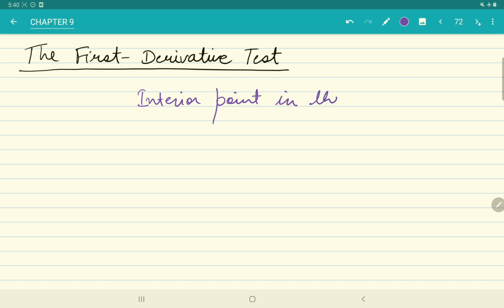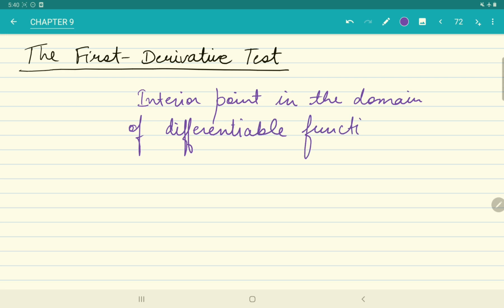If it is an interior point in the domain of a differentiable function and it is a local extreme point, that means obviously the first derivative has to be 0. So that is nothing but a stationary point.